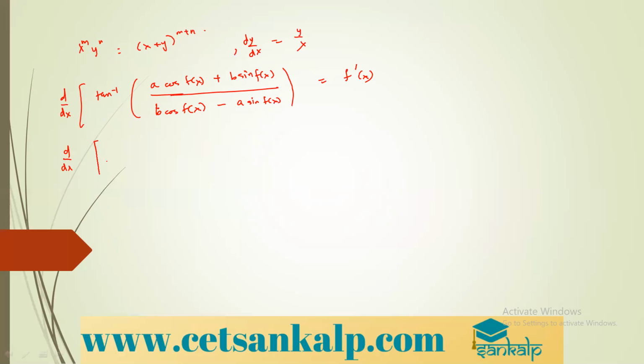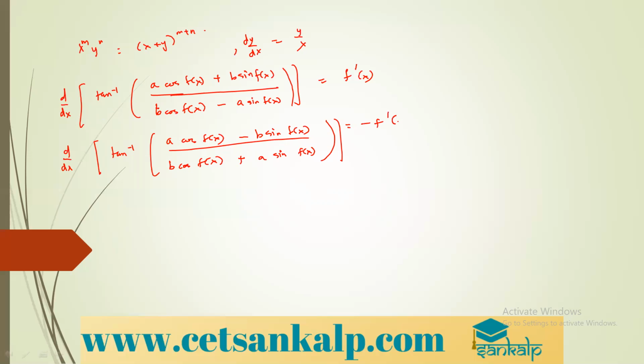Similarly, if you have to find the derivative of tan inverse of a cos of f of x minus b sine of f of x by b cos of f of x plus a sine of f of x, then that also will be just minus f prime of x.